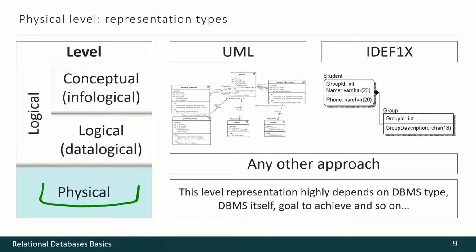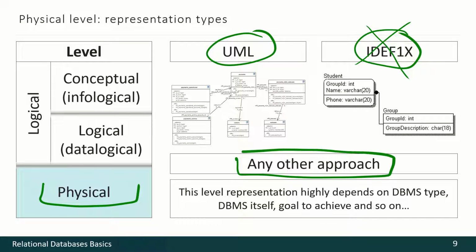On the physical level, we may also use UML schemas, IDEF1X schemas, rather old, so for now you may rarely see such schemas, and we also may use any other approach. Why is it so? Because this level highly depends on DBMS type, DBMS itself, some goal to achieve, and so on, and so on.